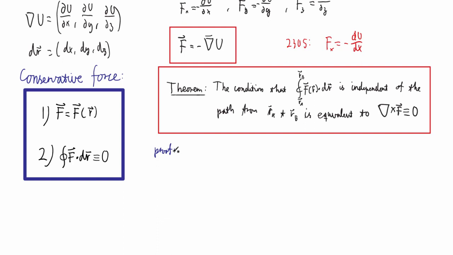So here's the proof. We know that if this integral is path independent, then the force can be written as minus the gradient of some potential energy.